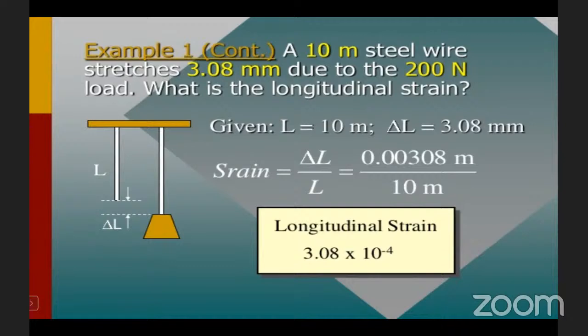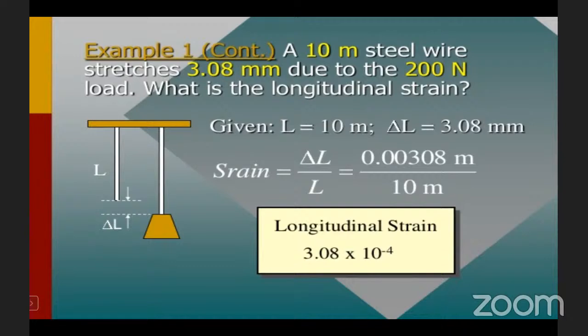Strain means change in length by original length. Given the values, length L equals 10 meters and change of length is 3.08 millimeters, the strain equals del L by L, that equals 0.00308 meters by 10 meters.